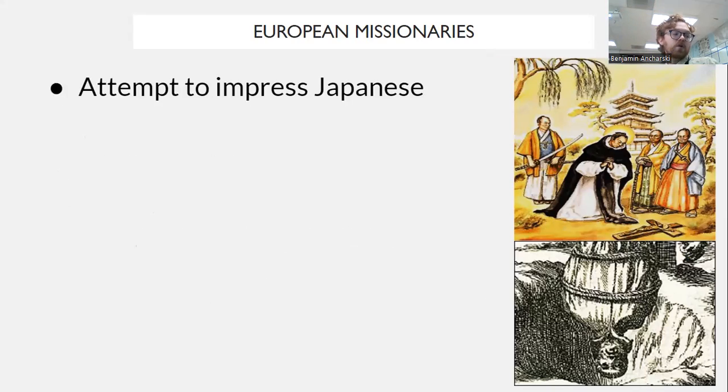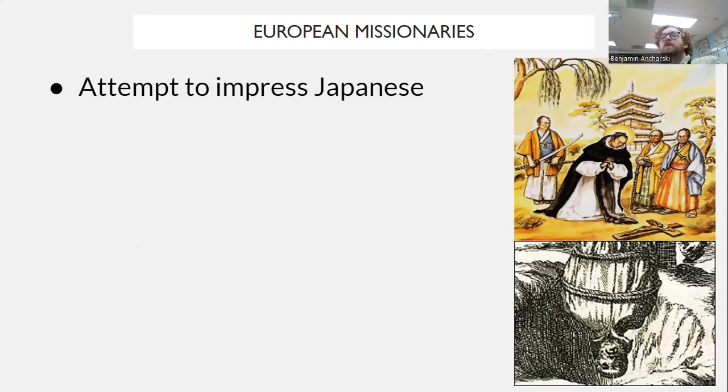So really, these European missionaries were initially designed to not only spread Catholicism, because every good Catholic wants to spread Catholicism, but also to butter up Japanese elites, to get them more accustomed to European merchants and European trading presence.